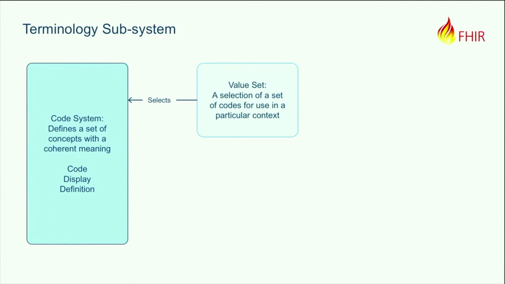And it's not uncommon to have a value set in the spec which has a set of codes from, say, LOINC, and then a couple of others that have been added to round it out. Often they do come from the same code system, but you don't have to. These are the sorts of things that you will absolutely be defining in Care Connect and in your own domain.